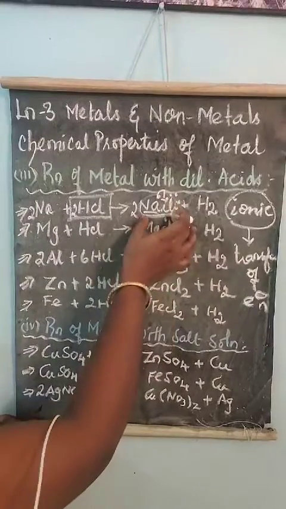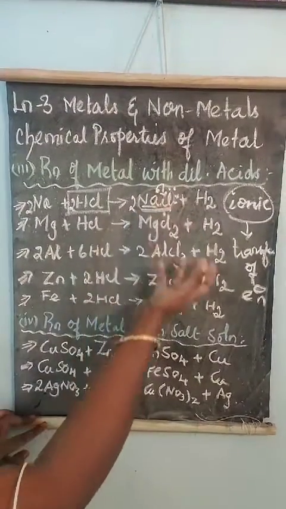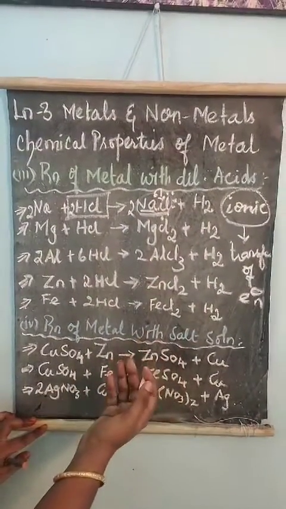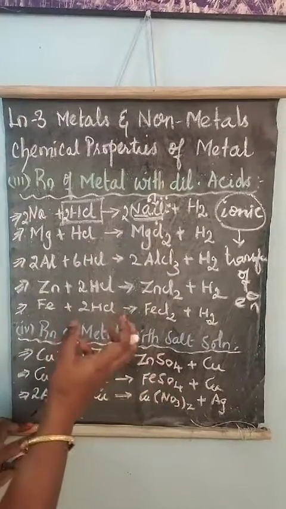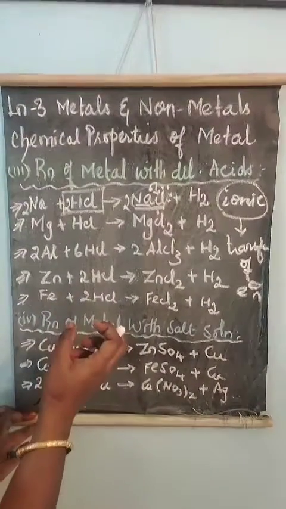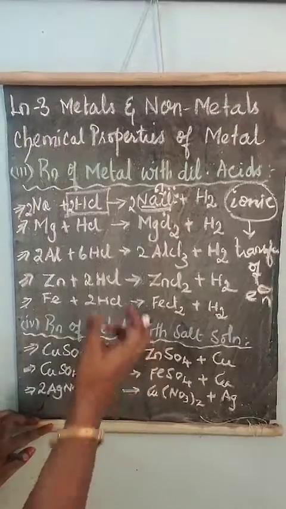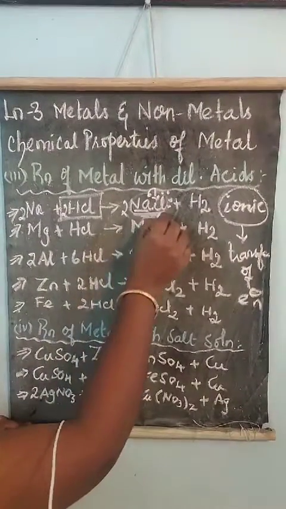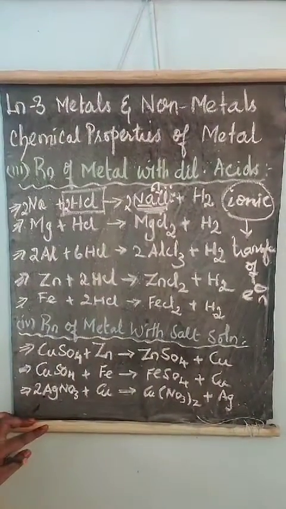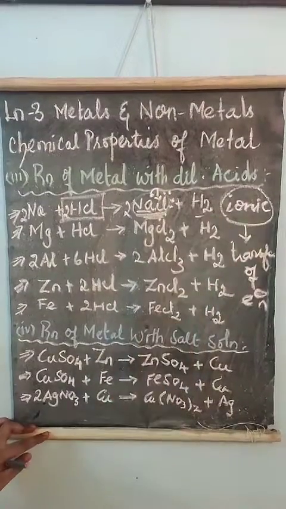Transfer of electron occurs from sodium to chlorine and a bond is formed. This type of bond is known as ionic bond.